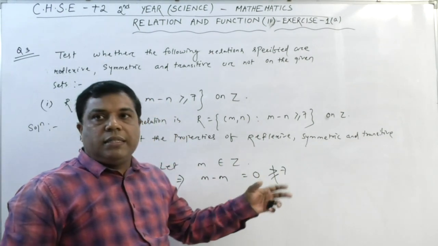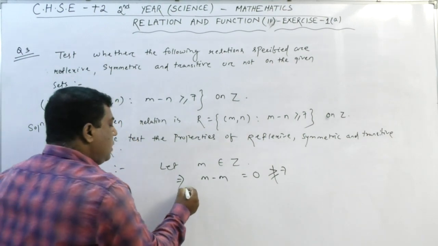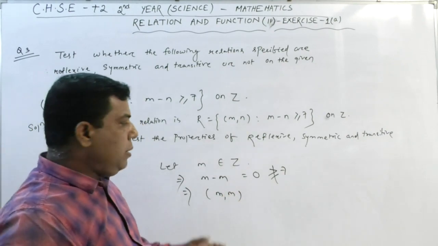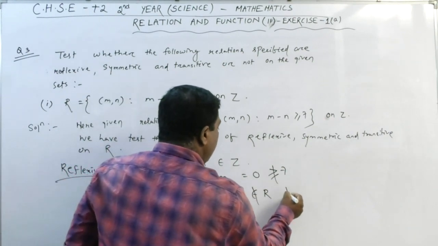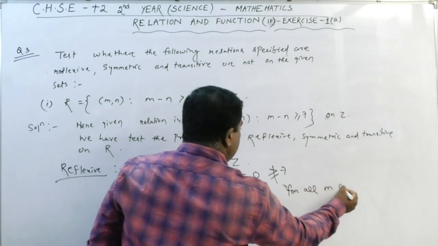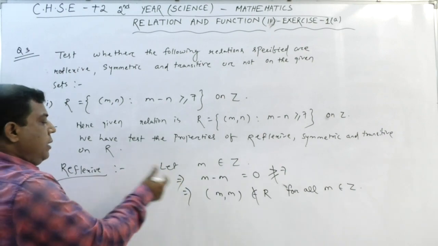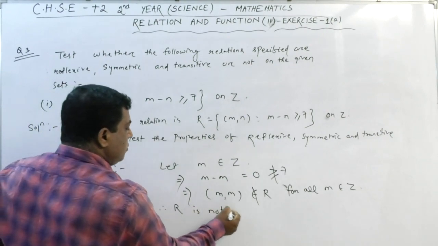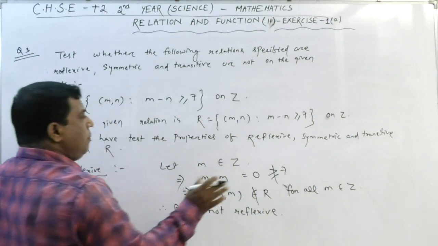So m is not related to itself, for any m belonging to the set of integers. Therefore R is not reflexive.